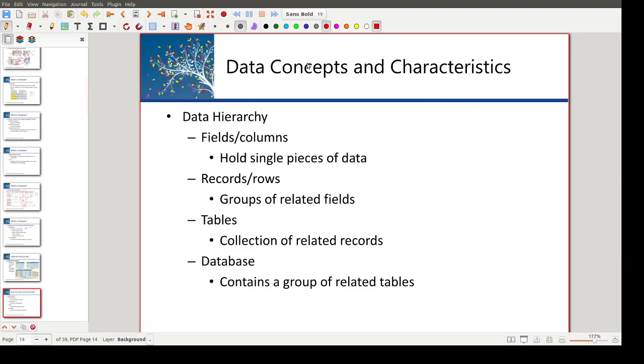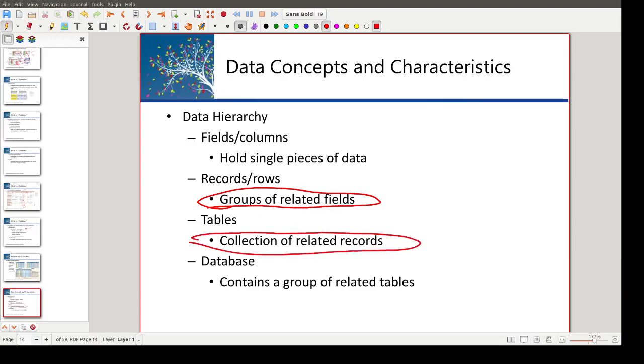So we have some concepts and characteristics of the data that need to be understood. The data hierarchy: we have fields and columns which hold single pieces of data. The record groups the related fields for some entity. The table is a collection of related records like students or customers, and the database is a container of all these grouped tables.